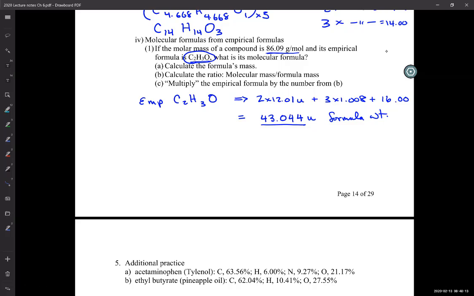So again, we're going to do a ratio and figure out what that relationship is. I'm going to call this value n, because your book likes to use the letter n. I'm going to take 86, and let me write out what I'm doing. I'm going to take the molecular weight and divide by the formula weight.